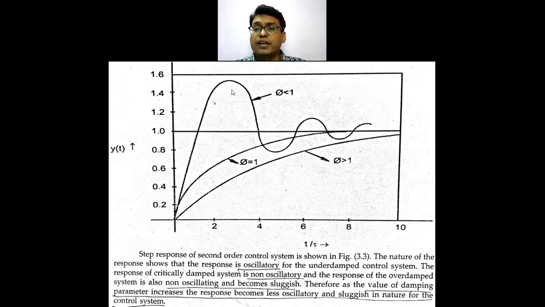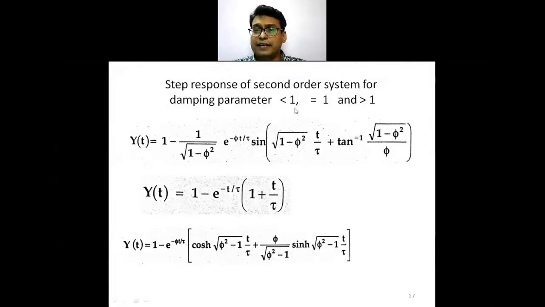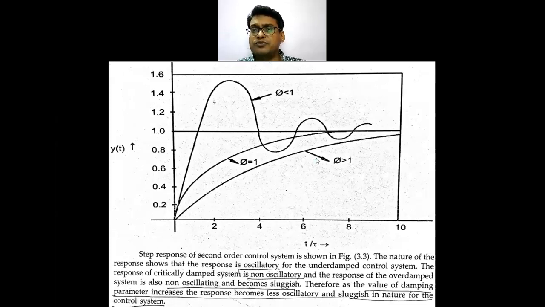Now they are simplified so that the equation or graphical representation becomes y(t), that is nothing but your output, and t upon tau is the time factor. The same graphs we have also discussed for the first order system. So response y(t), if it is plotted like this, you will get three different behaviors depending on the values of phi.